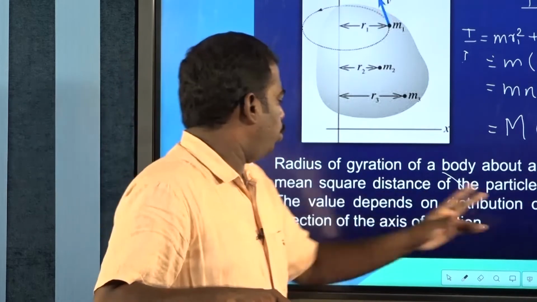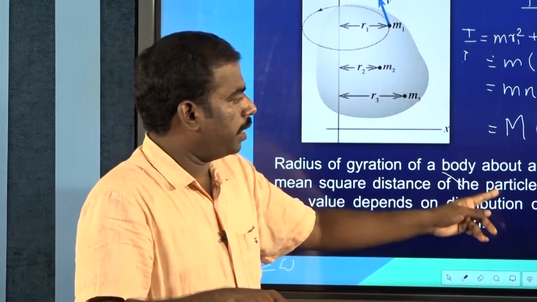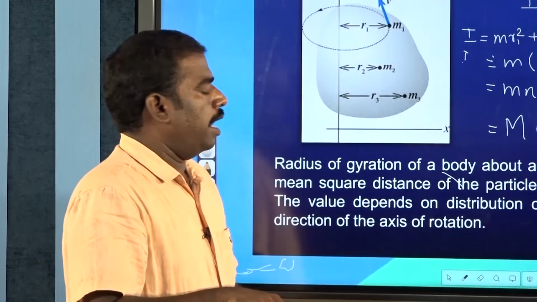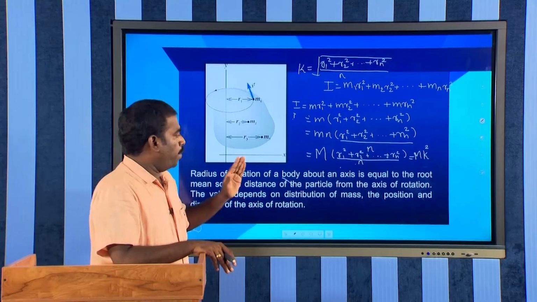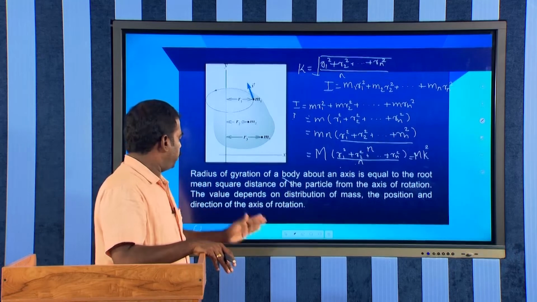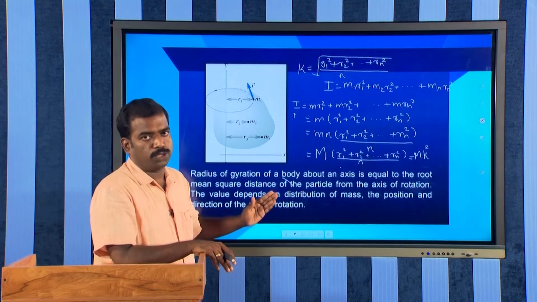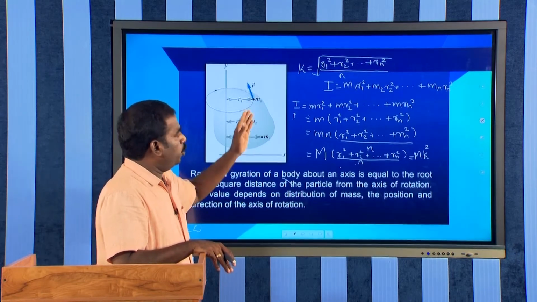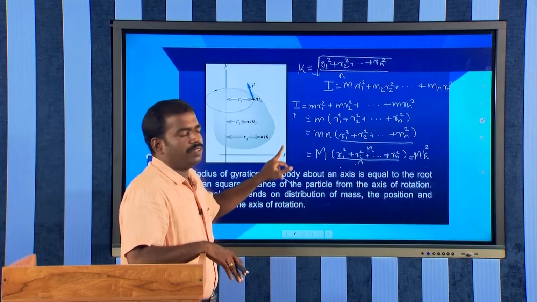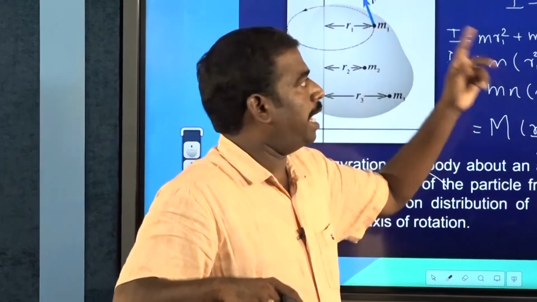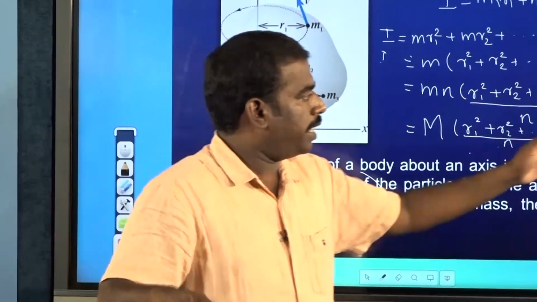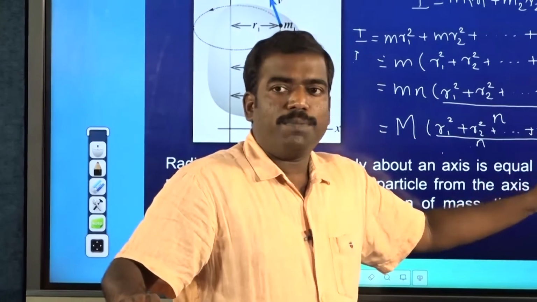Either it is equal to the root mean square distance of the particle from the axis of rotation, and the value depends on the mass, the position and the direction of the axis of rotation. Or you can say you got the moment of inertia of the rigid body as M k square. In the previous case you got m1 r1 square plus m2 r2 square plus mn rn square, but here you arrived at the equation M k square.